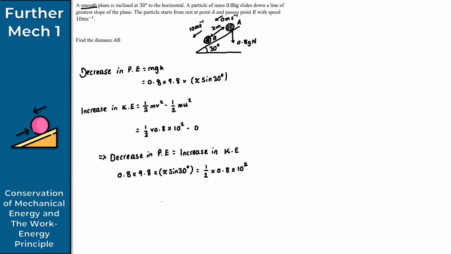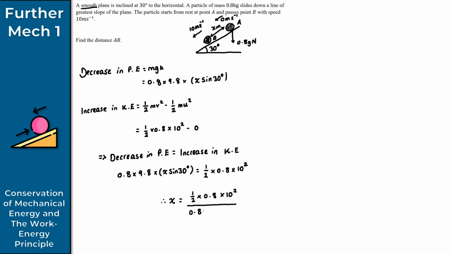So in that case, x is equal to half times 0.8 times 10 squared, and what I do here is I divide by 0.8 times 9.8 times sine of 30 degrees.